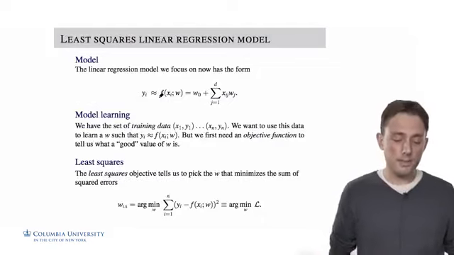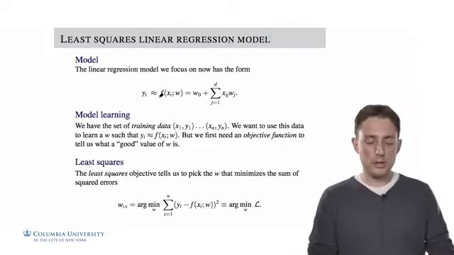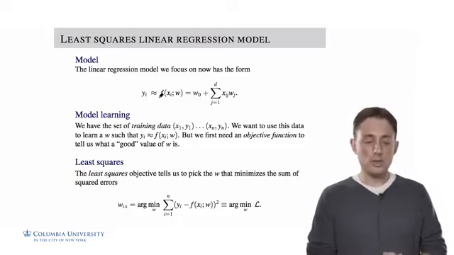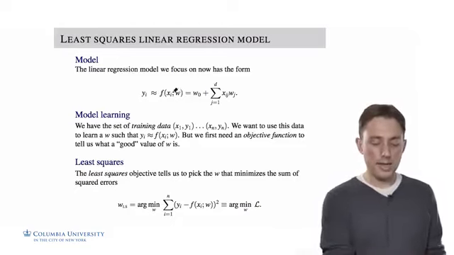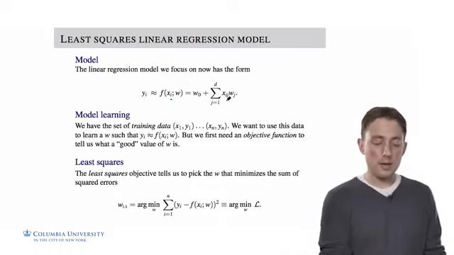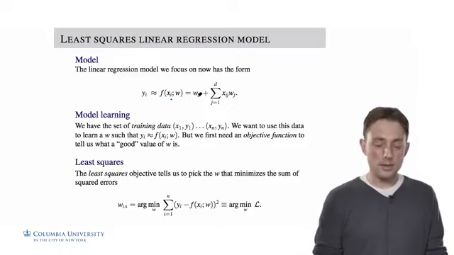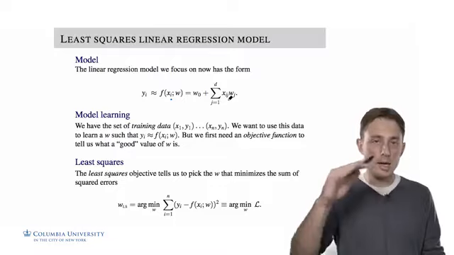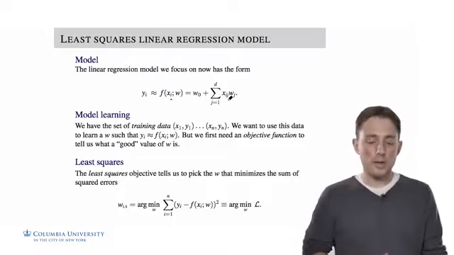Okay, so let's look at the simplest linear regression model and a way that we can learn it through least squares. So the model, again, takes an input x_i, passes it to a function with parameters w, and predicts an output y_i associated with x_i according to this function, where the weight w_0 is just a bias that shifts the plane or shifts the line through the intercept.